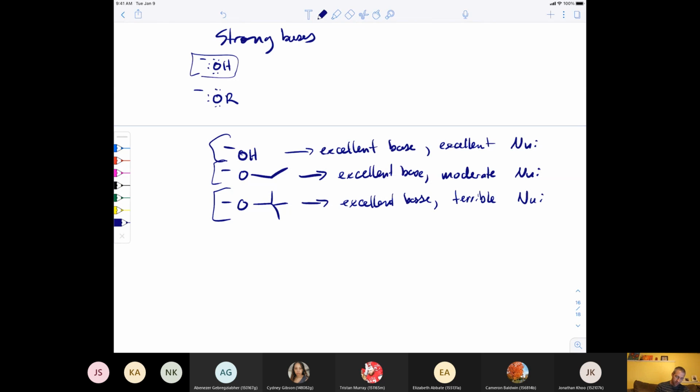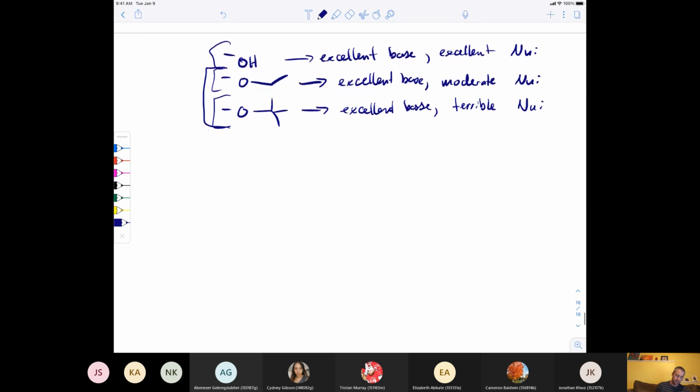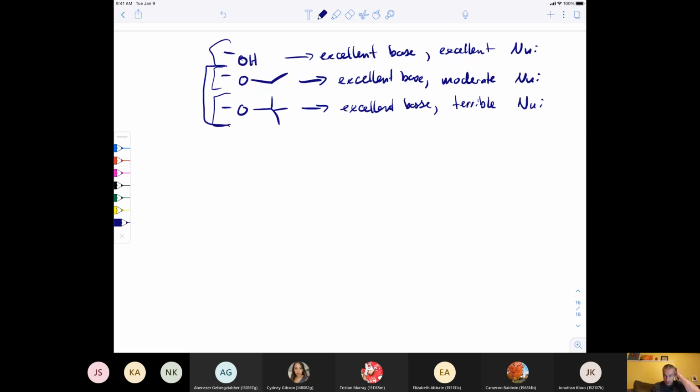So this is sort of it as it comes to strong bases. There are lots of other ones, and we will see them going forward, but if you're trying to do E2 with alkyl halides, this is all we're going to be using in this course. A whole bunch of other ones are possible, like NaNH2, sodium amide, a very strong base that we'll be using in upcoming chapters.